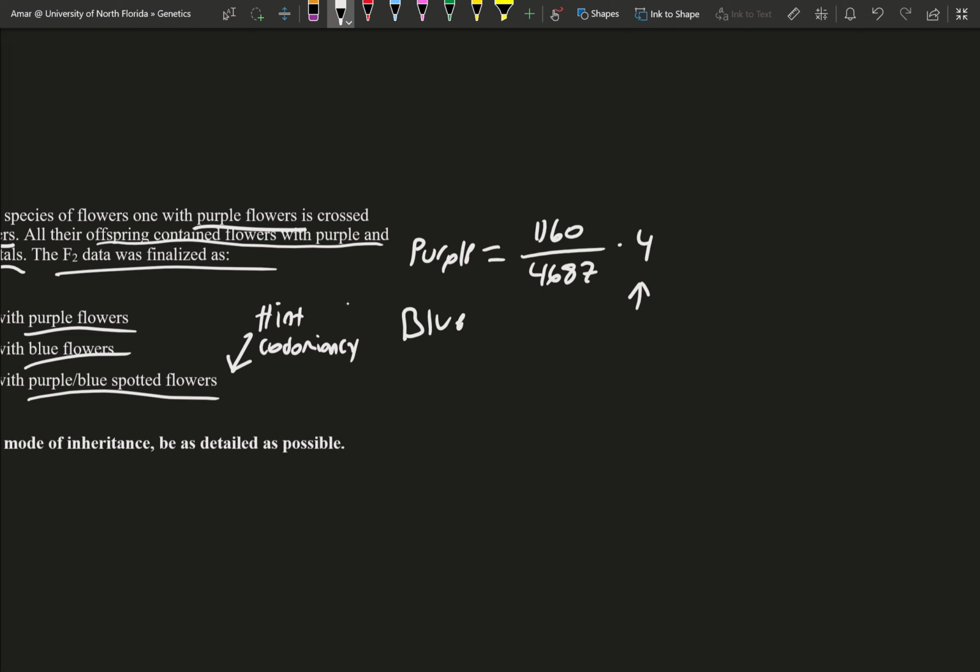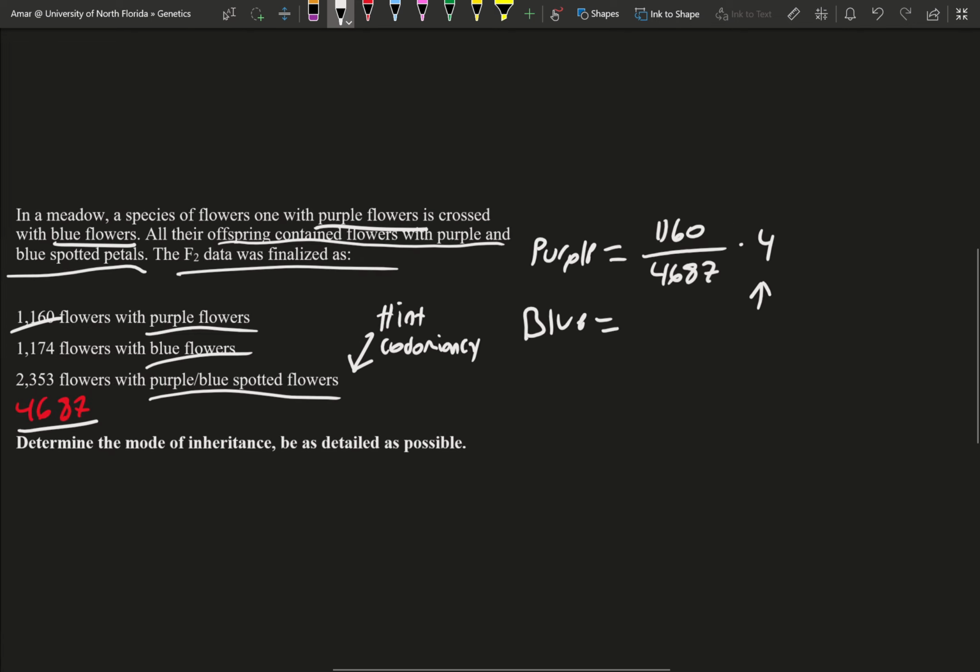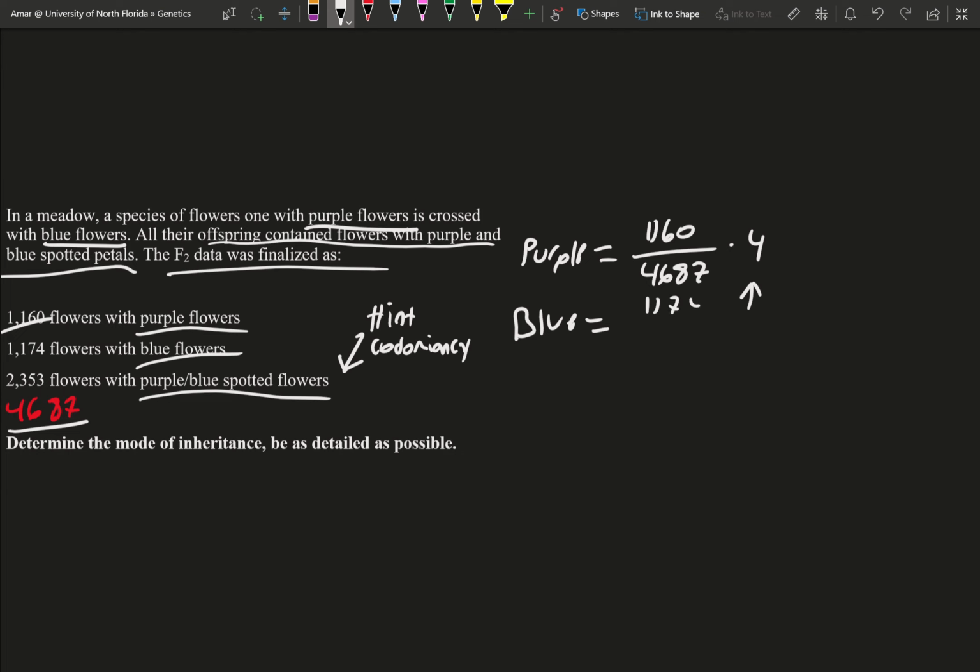Blue, we're going to do 1174 over 4687, and then the combined is 2353 over 4687.